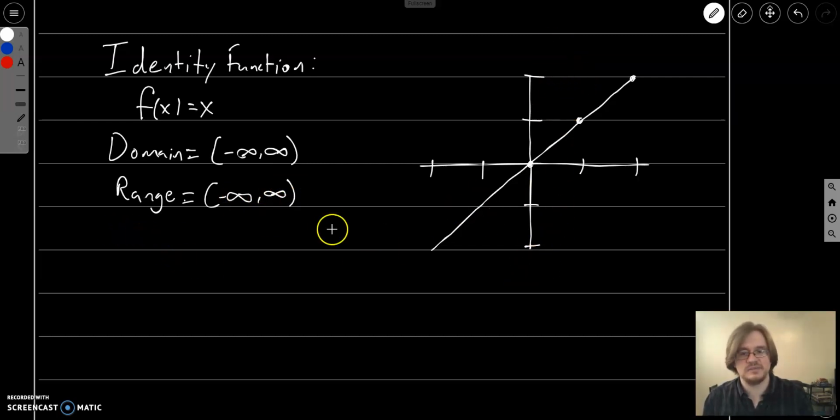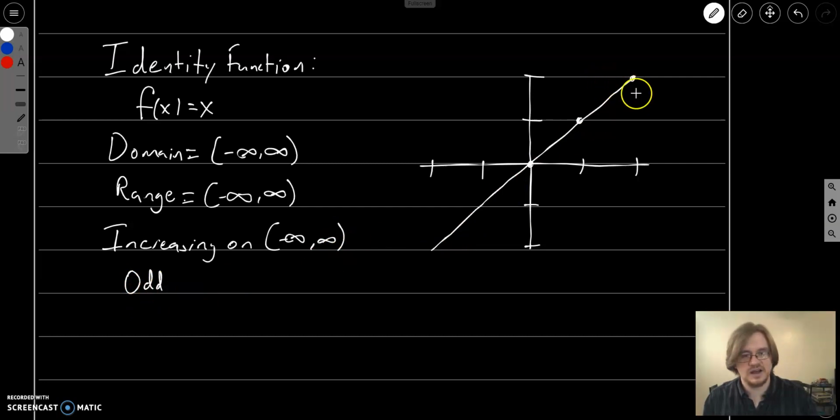This is increasing forever. So this is increasing on the interval from -infinity to infinity. And this is an odd function, not an even function. Again, if we rotate this 180 degrees, we still have the same thing. So this is an odd function.